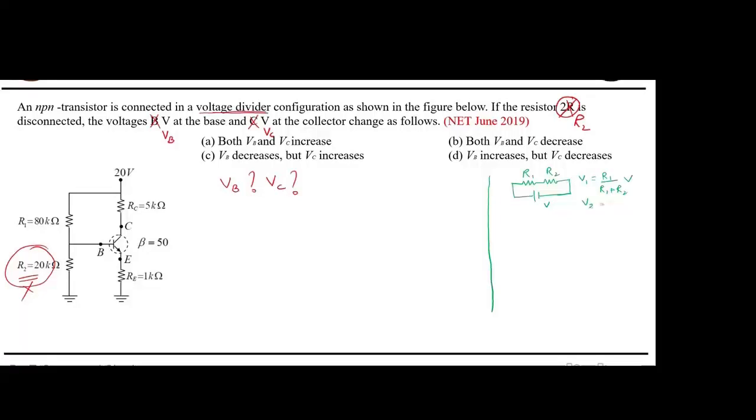Similarly, V2 is equal to R2 by R1 plus R2, into V. So if you know this, my first target will be to find VB, the voltage at the base.